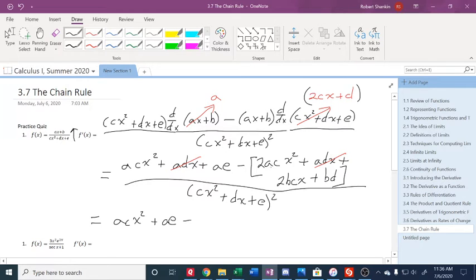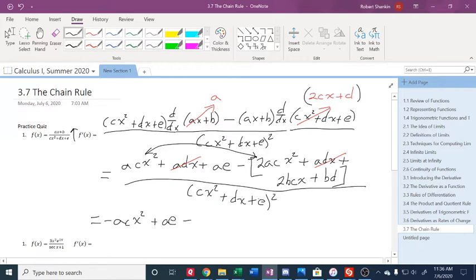Now here's 2acx squared, and here is 1acx squared. So when we combine a negative 2 and a positive 1, we'll get a negative 1 of those. So these two like terms combined.